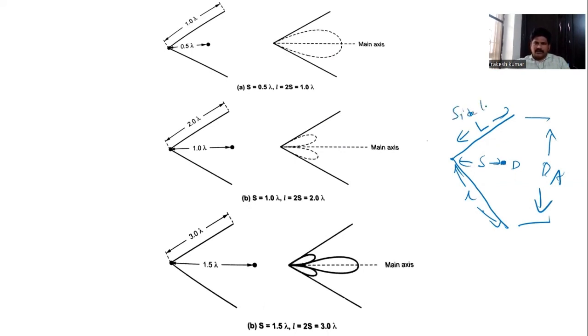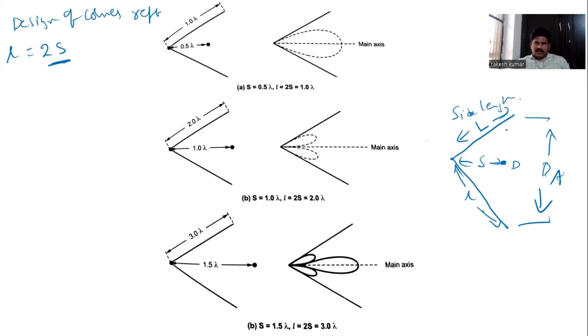In general, the side length L is selected equal to twice the separation distance. So the next one is the design of corner reflector. How will you select the length L? Generally, the value of length is selected as 2 times the separation distance.